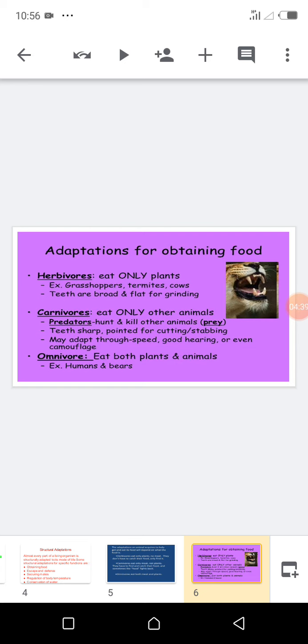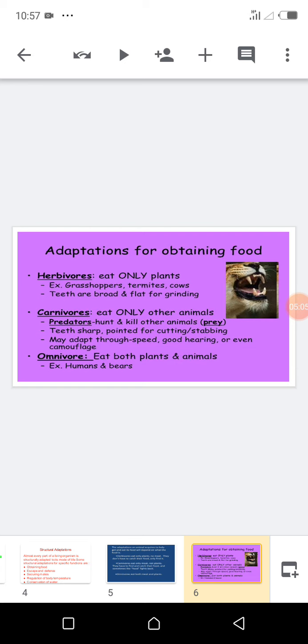Now carnivores are animals that eat only other animals. They eat flesh, which is where you have predators. They kill and eat other animals. So for this they need sharp teeth, they need sharp claws to be able to catch and feed on their prey.